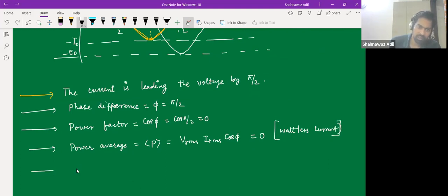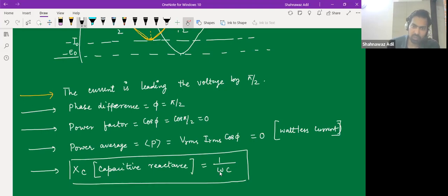And the other thing that we concluded is that this is inductive, this is capacitive reactance, and this is 1 over omega C. So if frequency is large, where omega is the angular frequency of the voltage, then this capacitive reactance would be small, which means that this resistance would be small, right?